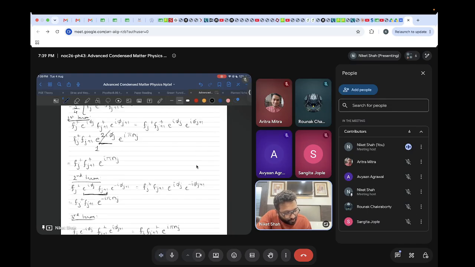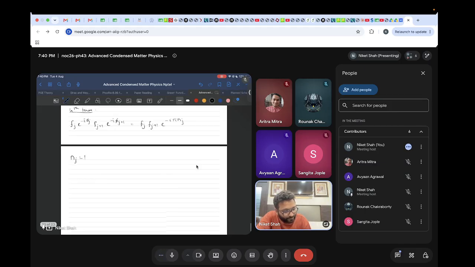If n j is already occupied, then I get f j dagger f j plus 1 dagger here with n j 1, but f j dagger will make it 0, so this term goes away if n j is 1.